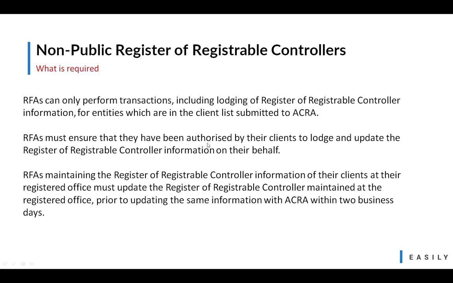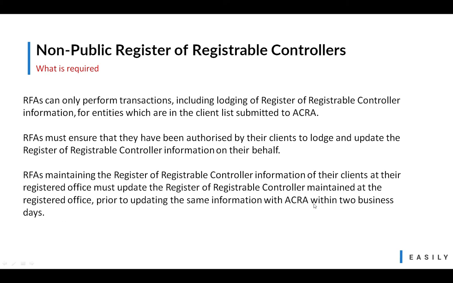Then these clients have to authorize us to lodge and update the register of registrable controllers on their behalf. So we will have sent out some digital forms to all our clients, and then they would answer the digital forms. Then we would be able to file for them. If you are our client and you never respond to our digital form, then technically we can't register on your behalf.